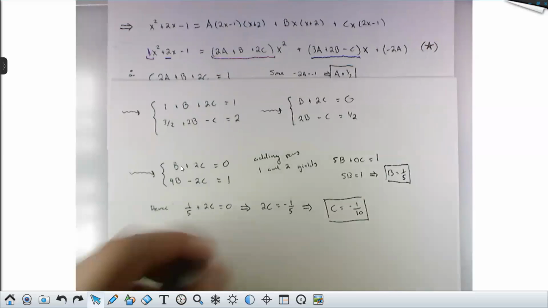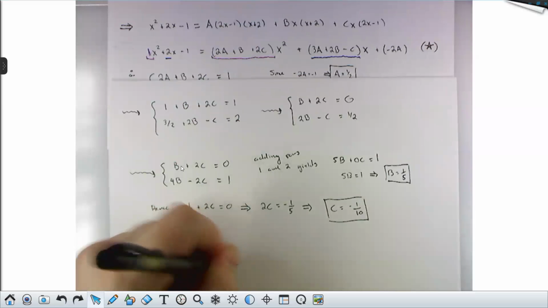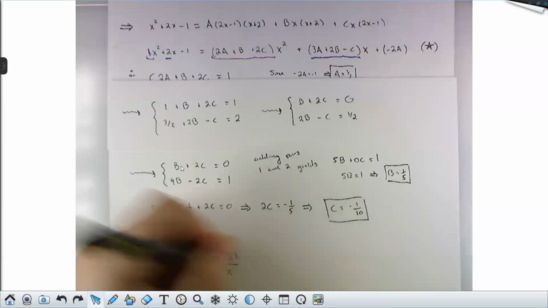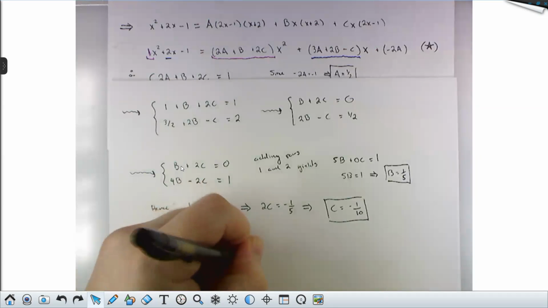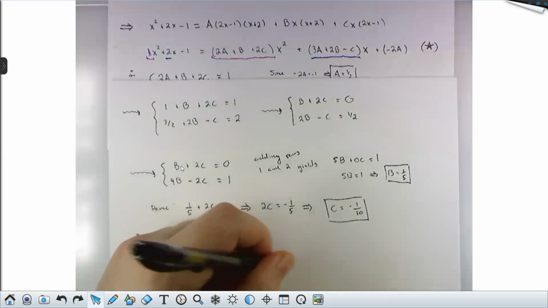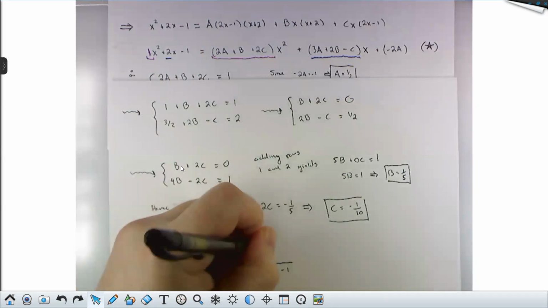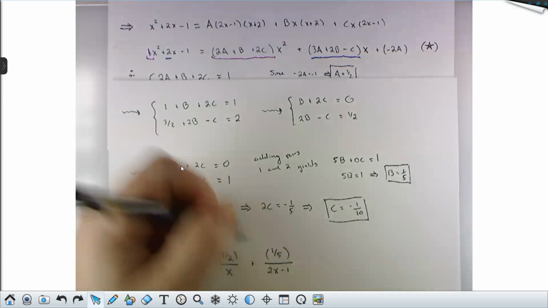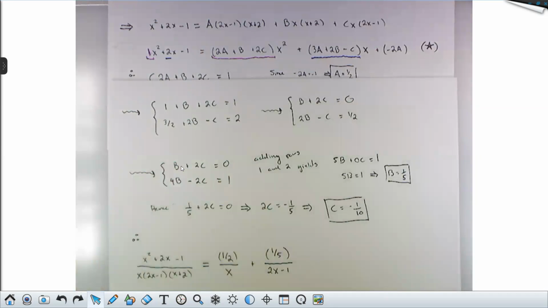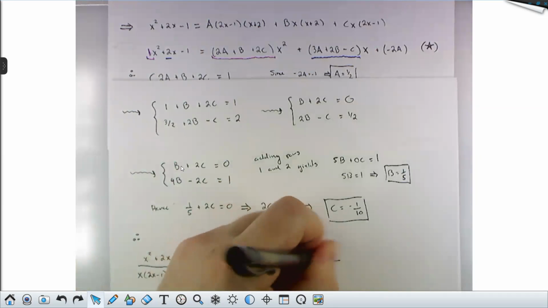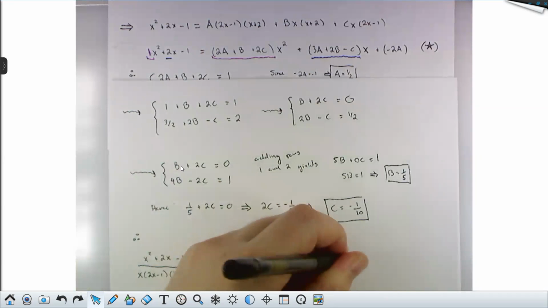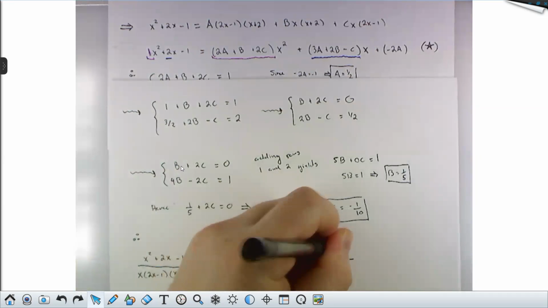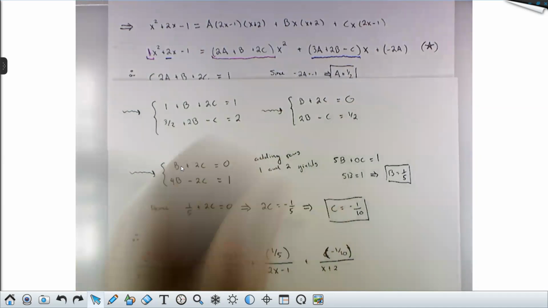A over x is 1/2 over x. B over 2x minus 1 is 1/5 over 2x minus 1. And c over x plus 2, I messed up, x plus 2, let's call that a parentheses, is negative 1/10 over x plus 2.